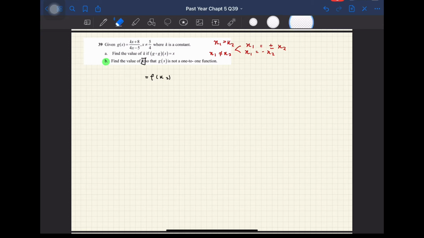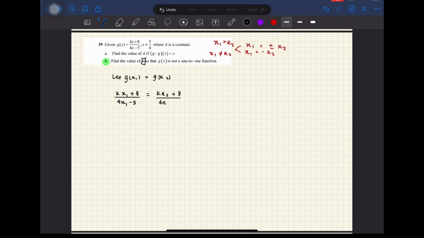Okay, so this is supposed to be g(x1), g(x2). So awak akan dapat (kx1 plus 8) over (4x1 minus 5), okay, equal to (kx2 plus 8) over (4x2 minus 5).